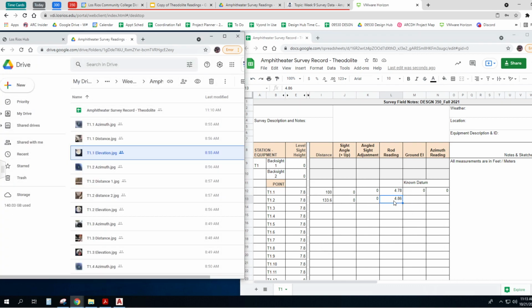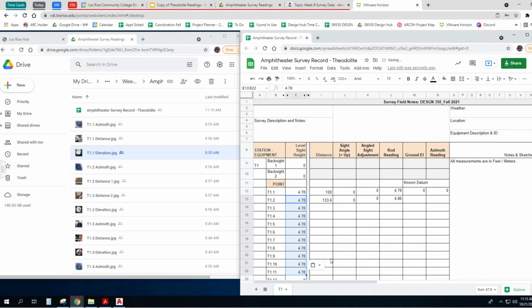So does that mean that the level sight height would be different? Yeah, always go back and check your work. Okay, so now it's going to equal my level sight reading minus my rod reading. So I'm minus 0.08.